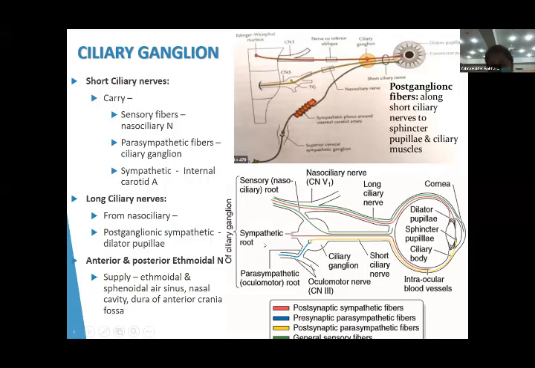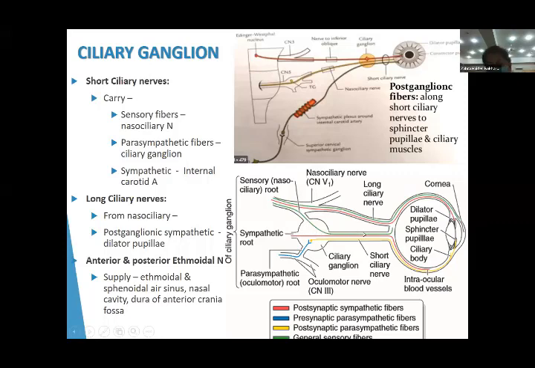And then you have the sympathetic root, which forms a plexus around the internal carotid. From there the nerve arises and passes through the ciliary ganglion without relay. The sympathetic root, look at the red, is the postganglionic, postsynaptic sympathetic root.